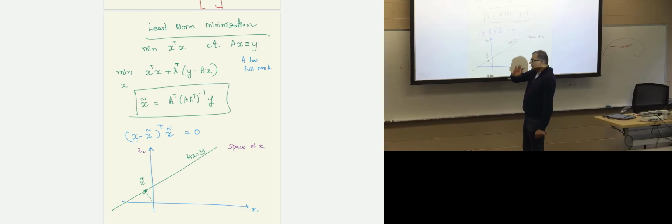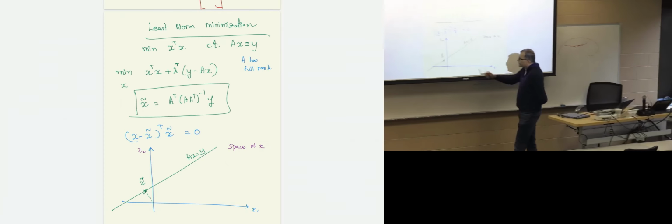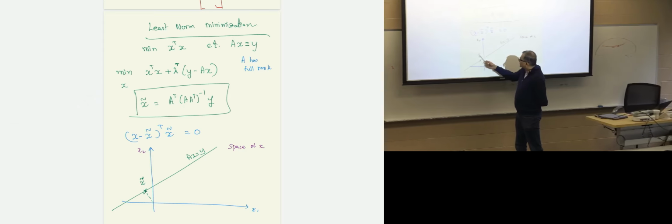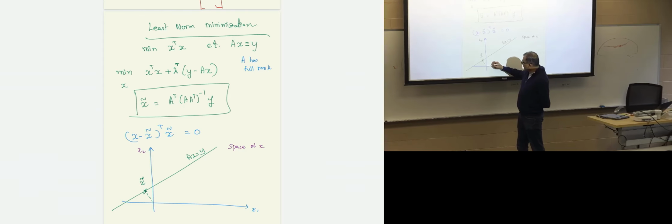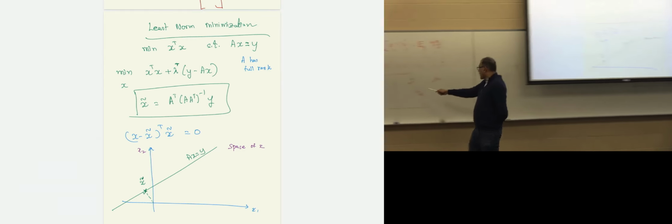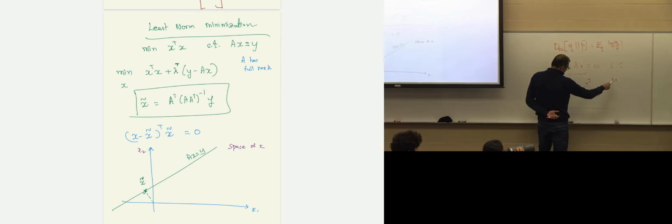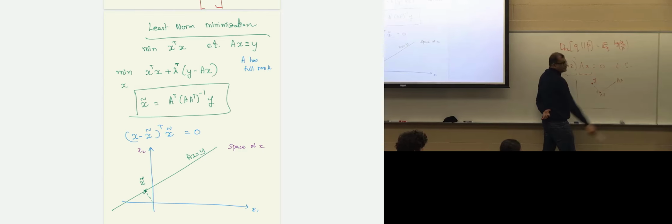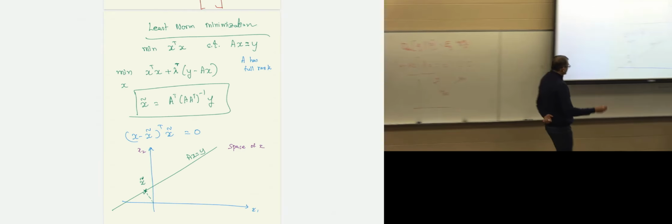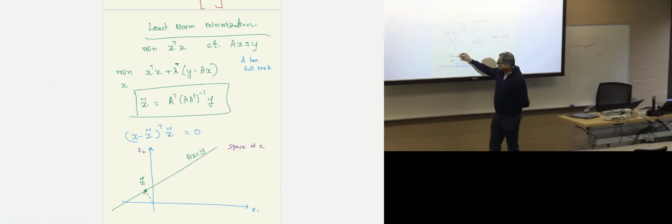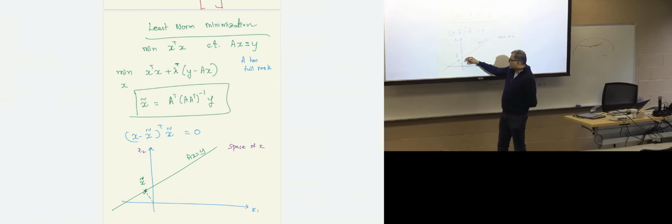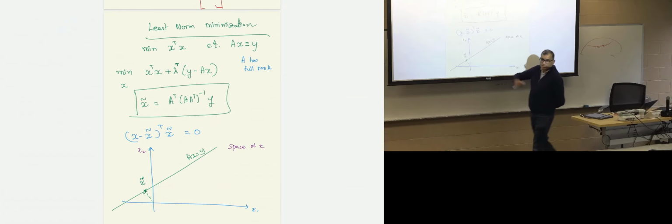Let's not talk Navier-Stokes just yet. What least norm gives you is effectively, here y is projected to the range of A. Here you're basically projecting x to the null space of Ax minus y.